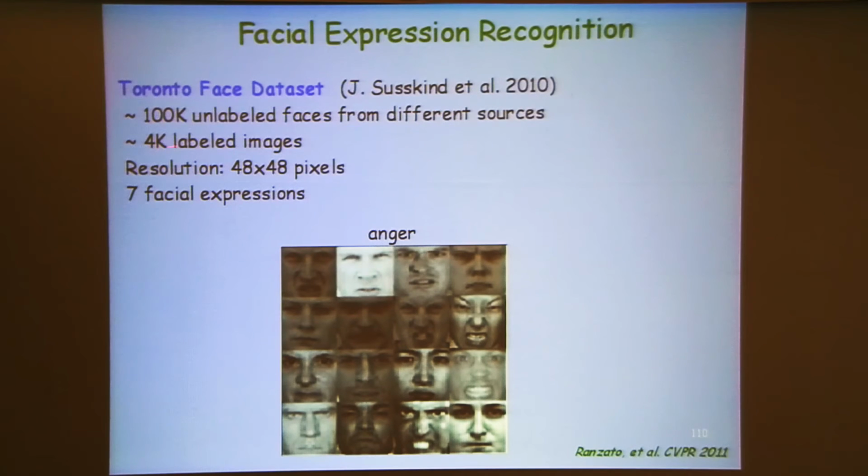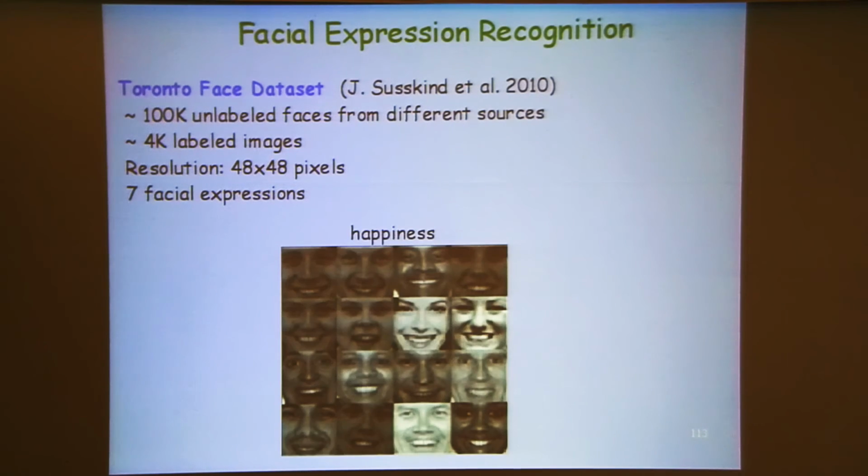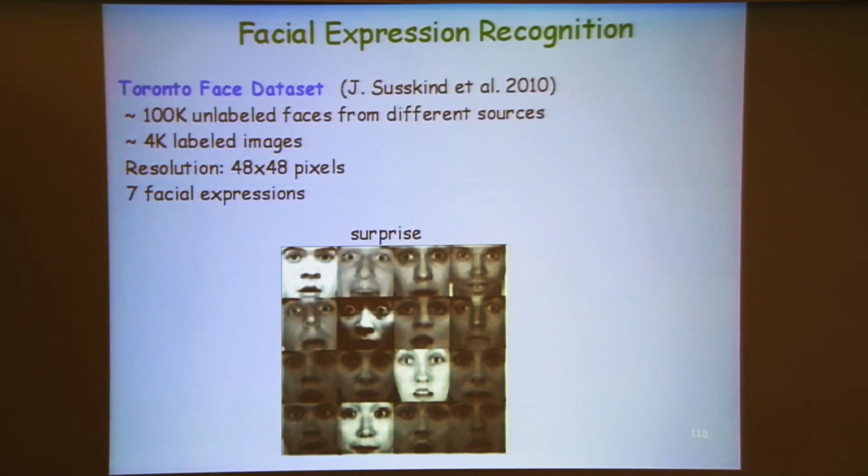And we have 4,000 images that are labeled with the facial expression. For instance, here we have a few examples of anger, disgust, fear, happiness, neutral, sadness, surprise. So we have 4,000 images that have a label that is 1 of 7. And the resolution is 48 by 48 pixels.